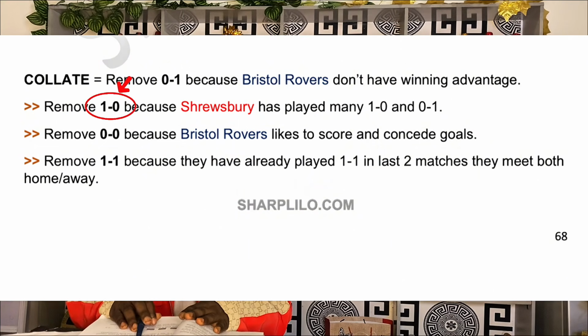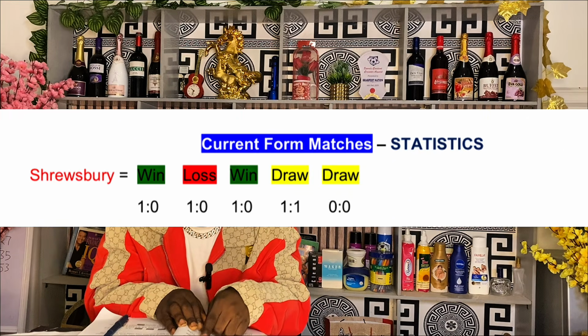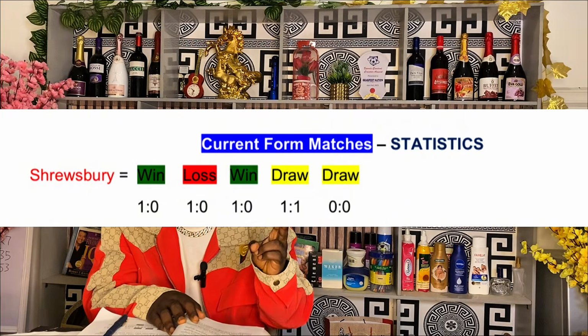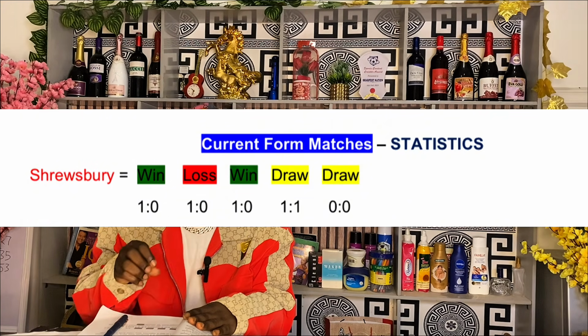Now remove 1-0 because Strawberry have played 1-0 and 0-1. Now look at Strawberry last 5 matches. Strawberry last 5 matches they played 1-0, 1-0, 1-0, 1-1, 0-0, which means Strawberry has played 1-0 and 0-1 in the previous matches. That means they can't play 1-0 again in this match they want to play. So we are going to remove 1-0 and 0-1.